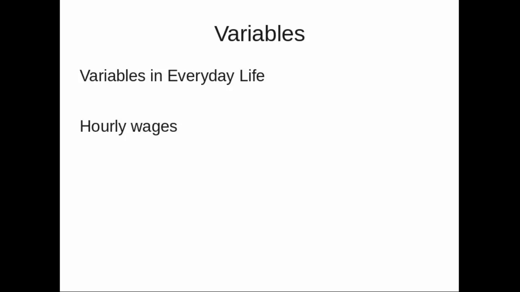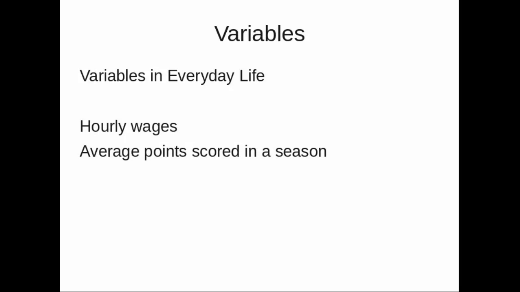So you might get paid $10 an hour, but the total amount of money that you make will be dependent upon the number of hours that you work, and that could be variable from day to day or week to week. And so in this case, the wage is constant, but the hours are variable.